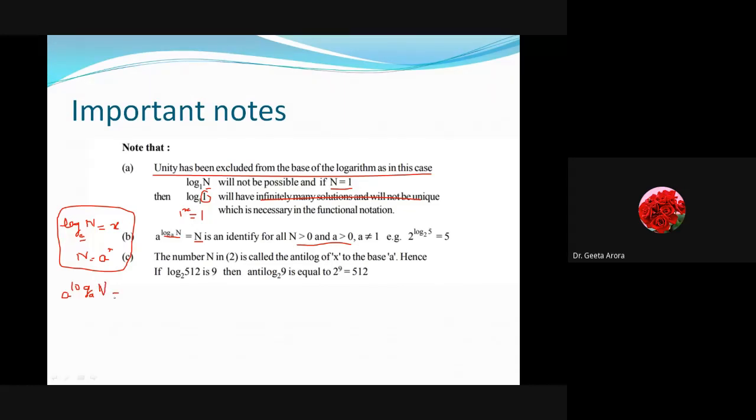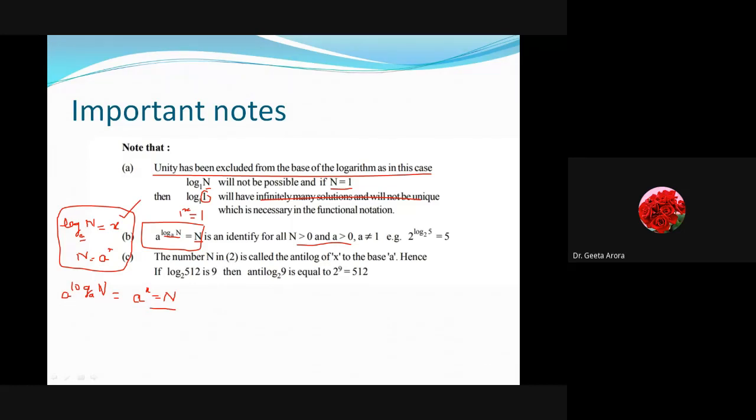So we are talking about a raised to power x, and we know a raised to power x means n. So that's why this identity is there, and you can remember this identity as such. There is no need to prove it because it is just the same thing. This is as per the definition. If we take a with this power, this power is actually x, and if I take a raised to power x, it gives me the value n.